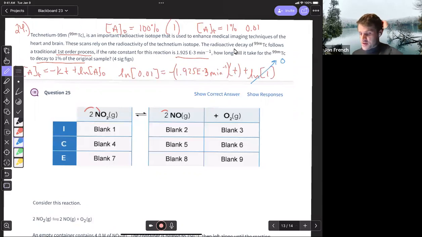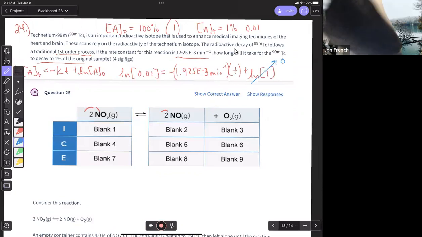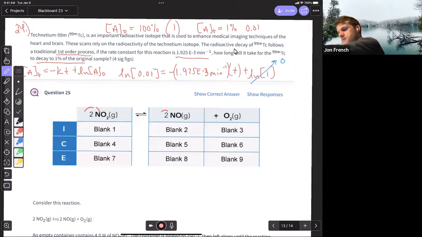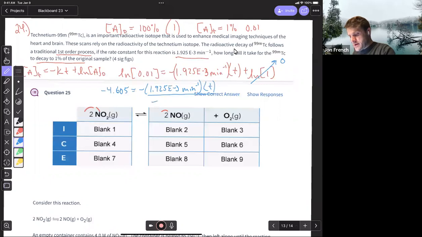So that makes our equation a lot easier. Basically, the natural log of 0.01 is negative 4.605 equals negative 1.925 e to the negative 3 inverse minutes times time. Divide both sides by negative 1.925 e to the negative 3.